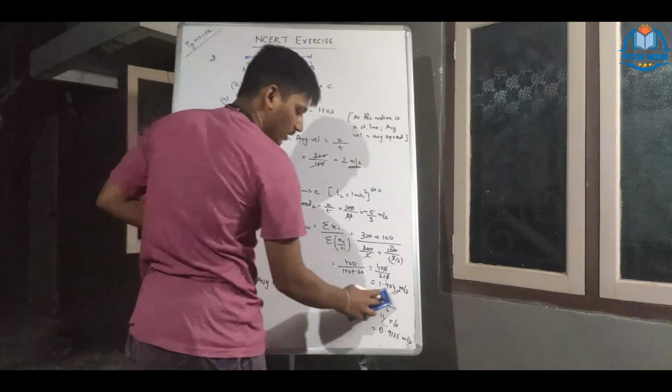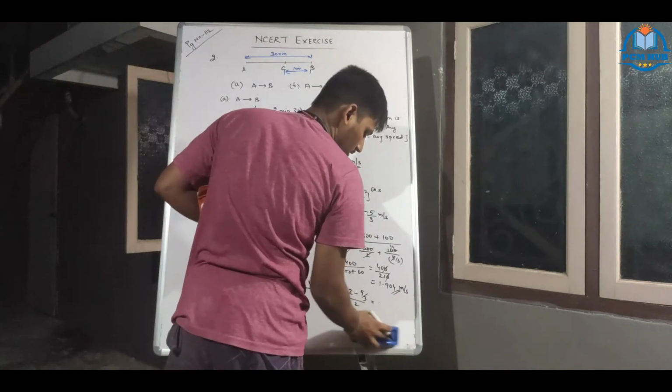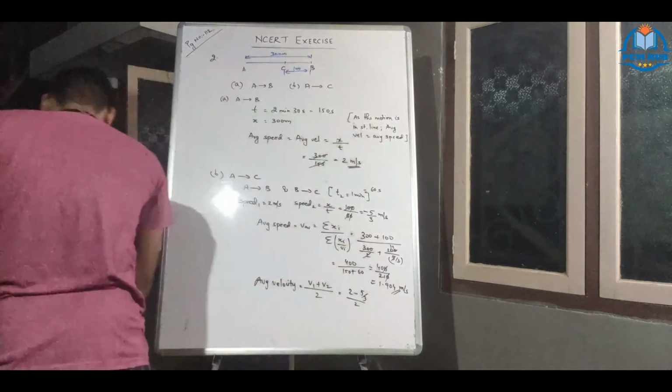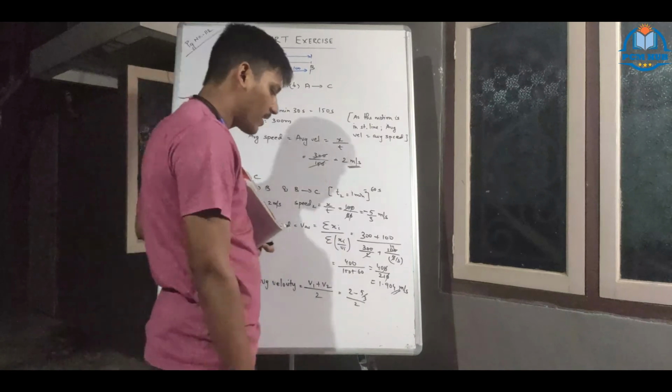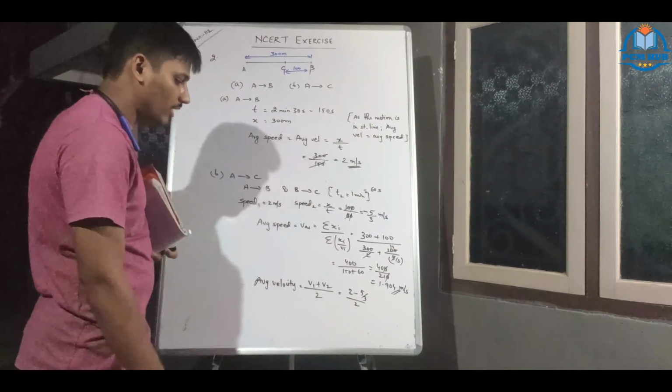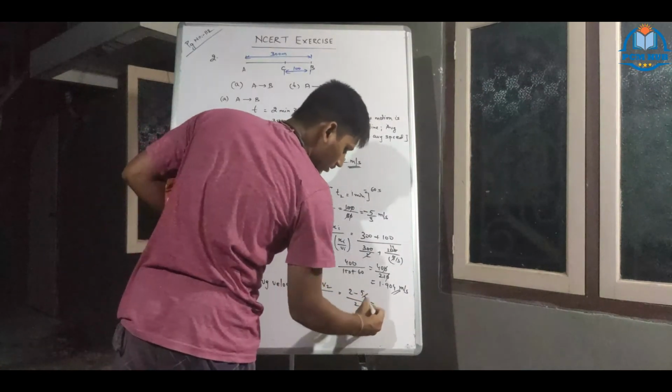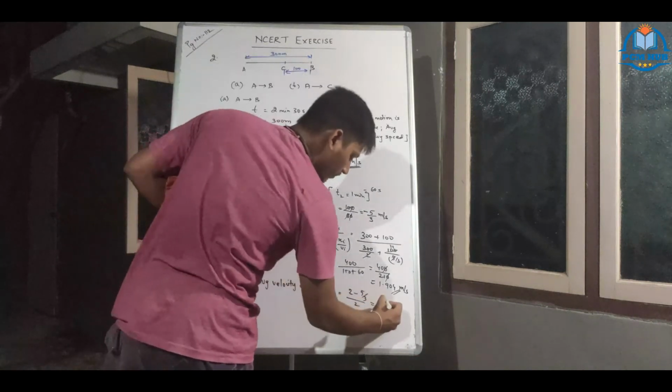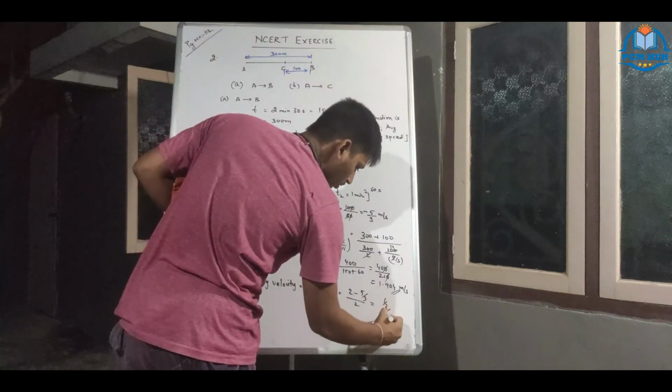Sorry, this is my mistake. So this is 2 minus 5 by 3, by 2. Then we will get 6 minus 5 is 1 by 3, by 2, which is 1 by 6.